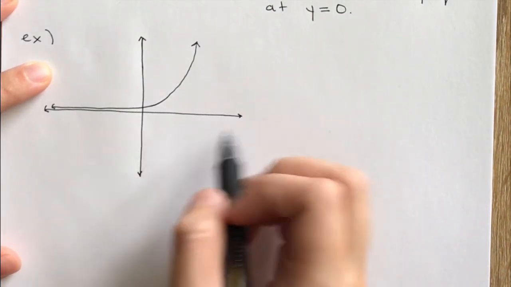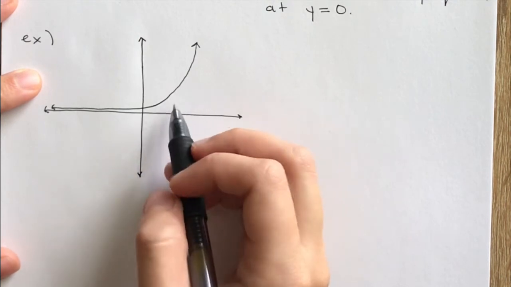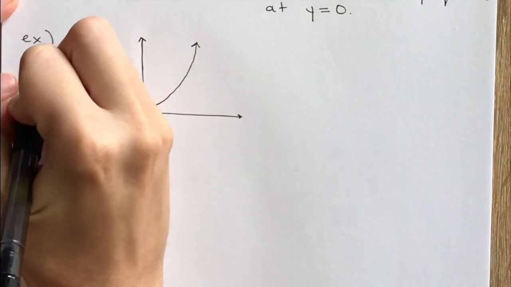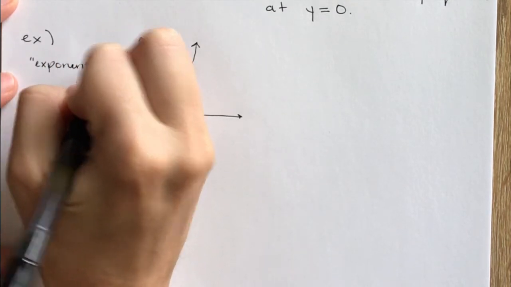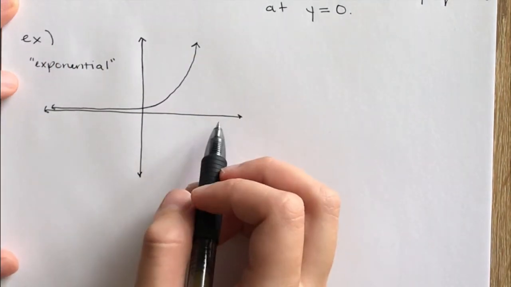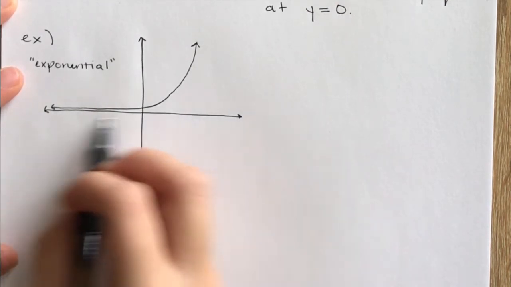Hopefully we've been looking at our basic types of functions and we're starting to recognize them. This guy is an exponential function. Exponential functions have one asymptote and it's horizontal.